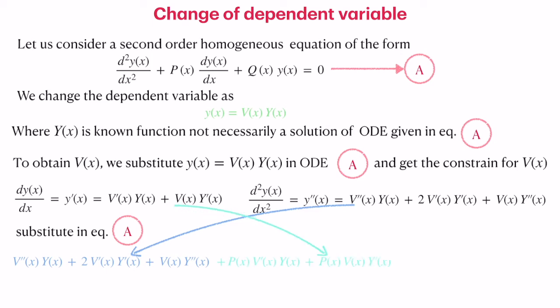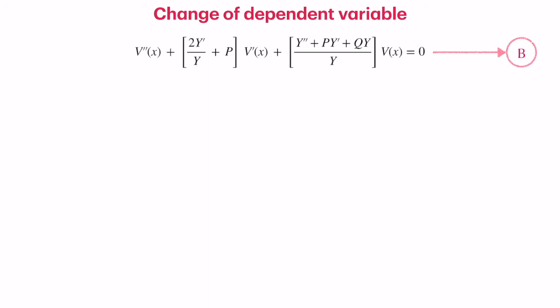Now we get the second term, which is p v prime into capital Y and p v into capital Y prime, and then we have a term without any differentiation, that is q into v into capital Y. Once we have this, we can divide the entire equation by capital Y of x. This function is known to us. Now we combine all the terms.